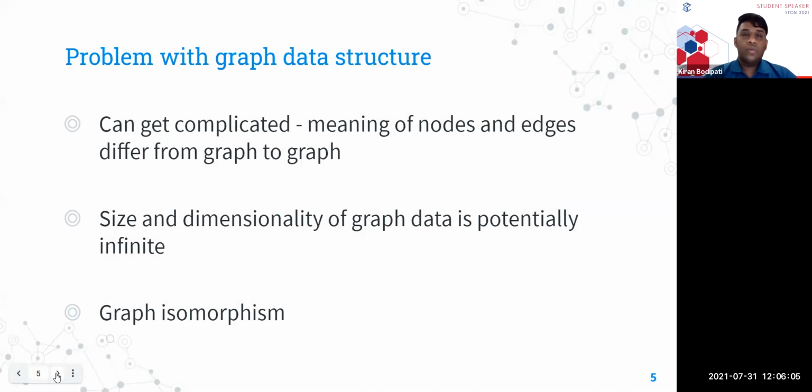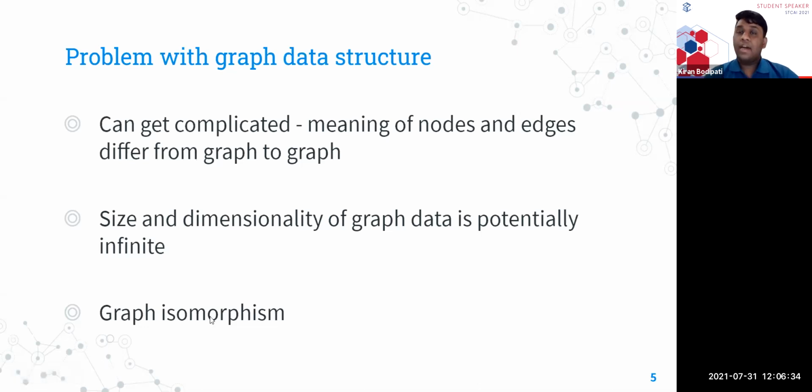However, there are a few issues that we encounter when we are working with graph data structures. First is that the meaning of nodes and edges generally change from graph to graph. They are not constant. Further, the dimensionality and size of the graph is potentially infinite, and even in most real cases, the size of graph is so large that it becomes almost impossible for heuristic or predetermined algorithms to handle the graphs.